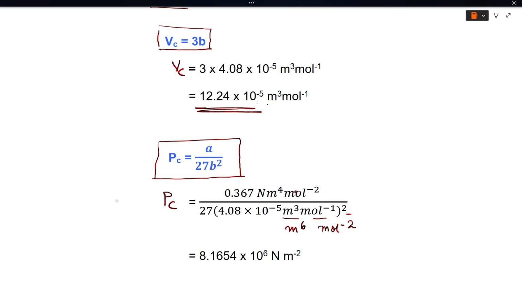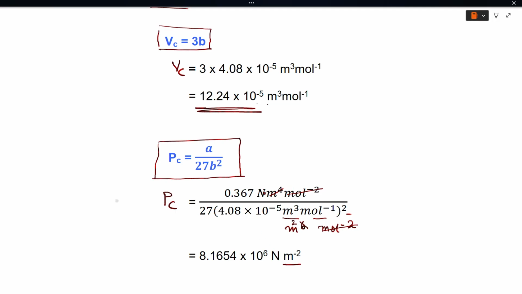Now here mole raised to minus 2 and this mole raised to minus 2 get cancelled. Here meter raised to the power 4 is there. So this becomes meter to the power 2. Okay, and newton will be there in the numerator. Taking meter square to the denominator, it becomes meter raised to minus 2.